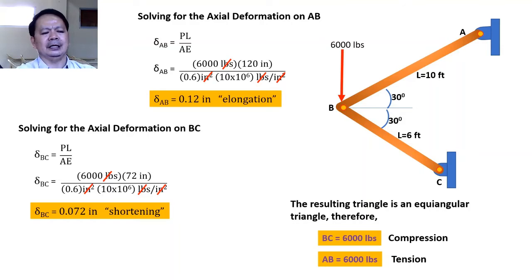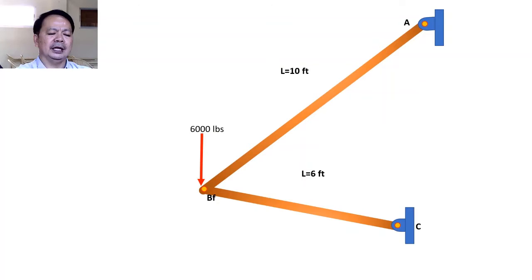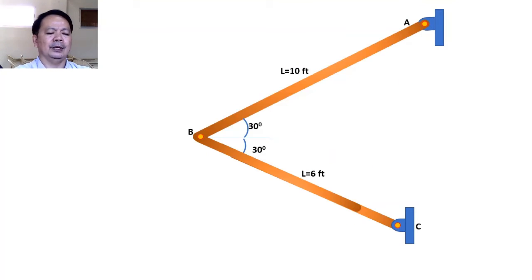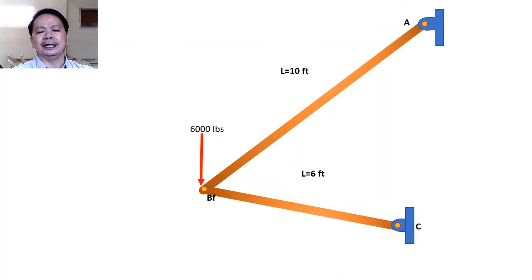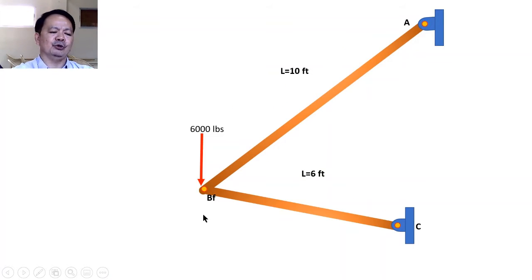Now, after getting those elongations, let us try to imagine what will happen to our point B when it is applied with the load of 6,000. Maybe it is better if we show it in this form. So, actually, this is the original position of members AB and BC without the load, and when this is loaded with 6,000, it moves, right? So, without a load, then when loaded, it moved. That is what will happen to our members, and we want to determine the movement of this B before the load is applied, and then where B ends up.